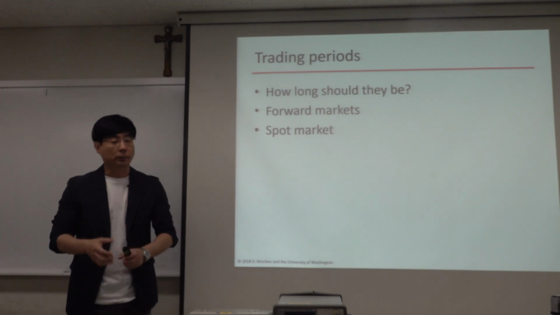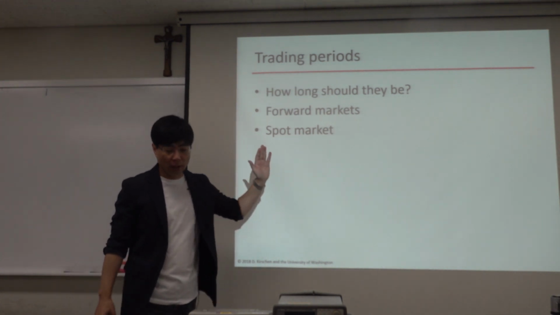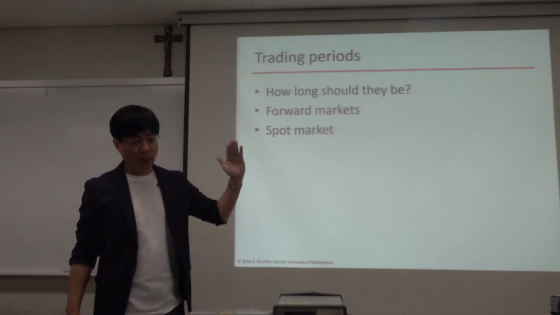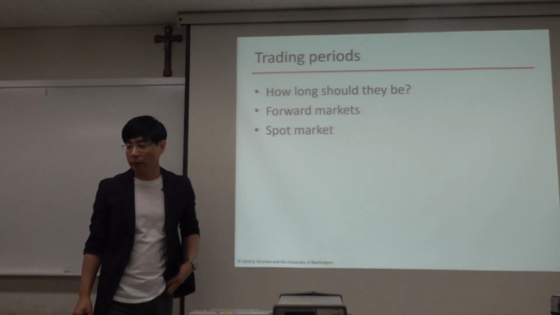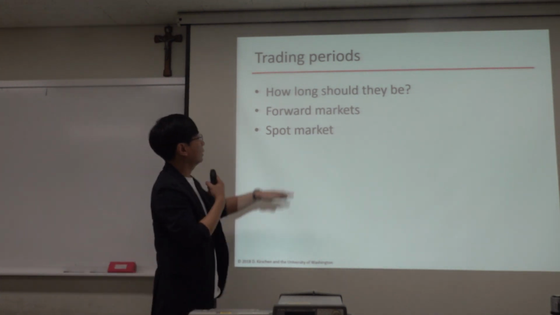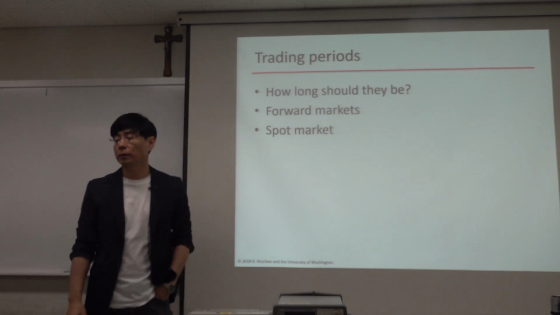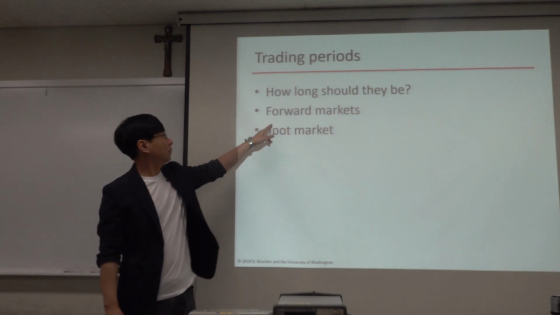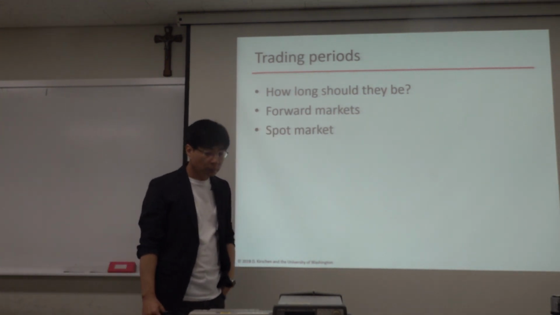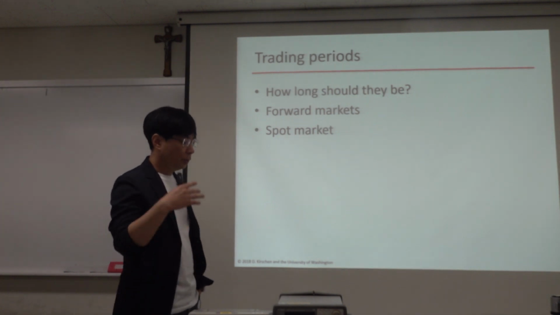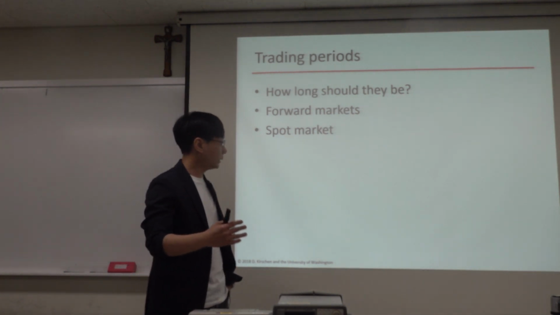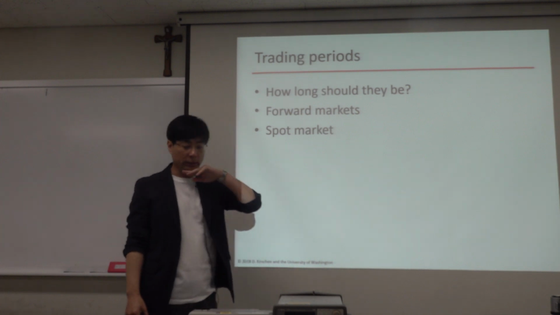So how long it should be, and how far in advance it should be made. And because in chapter 2 we talked about forward markets, we will visit the forward market also. To reduce the risk, the forward market exists.